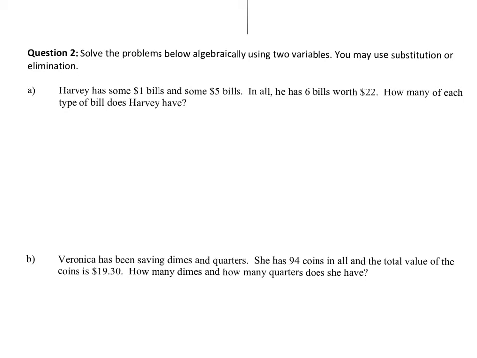So that means for X, the number of $1 bills that are present, and for Y, the number of $5 bills. So we're not looking for price anymore. We're looking for quantity, essentially, because I know how much a $1 is. It's just $1. So in this case here, we need to build our two equations.